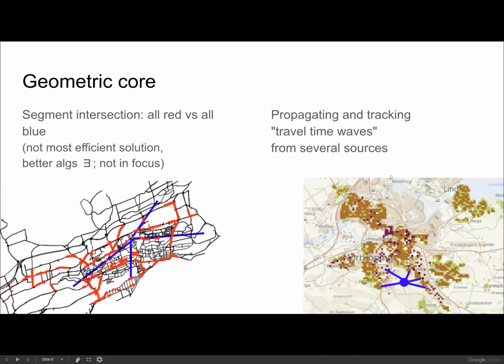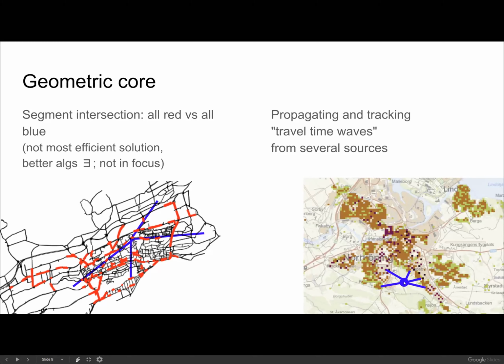And again, coming back to this example on the right, understanding who will be served by the new center. What you may want to do is to look at all the existing centers and the new center and try to propagate the kind of travel time waves. I will give you more examples today of these travel time waves.